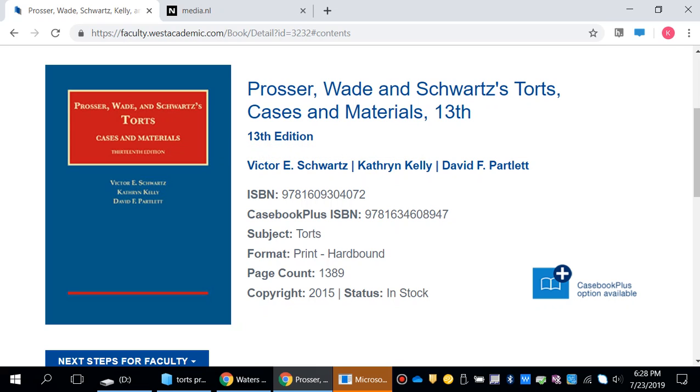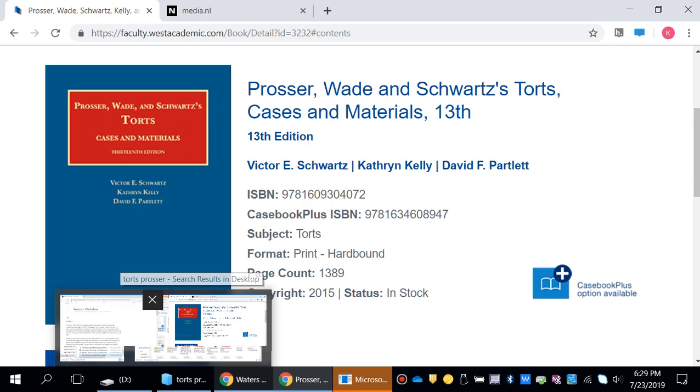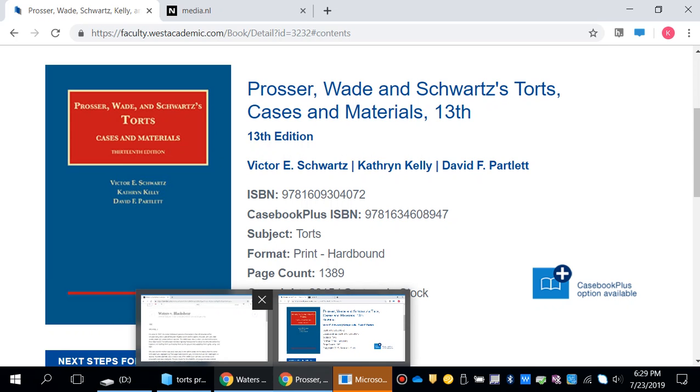So I wanted you to get a sense of what a casebook is and how it's different from textbooks that you've used in the past.